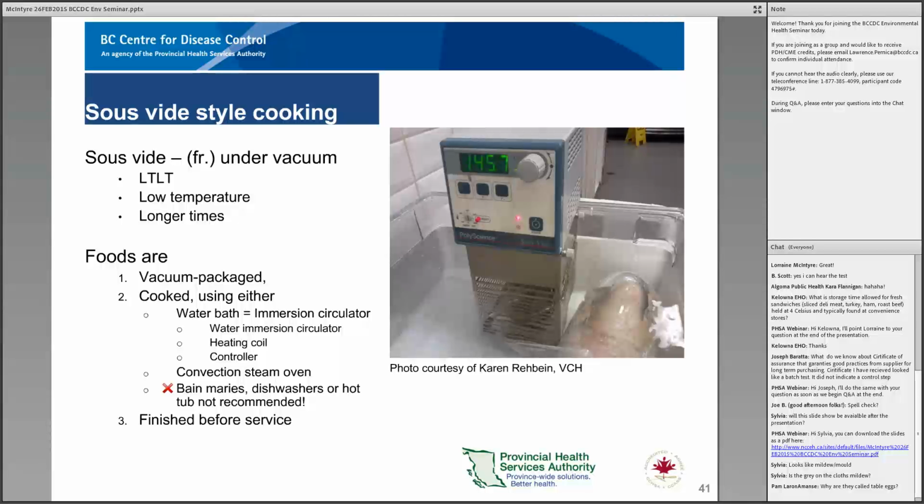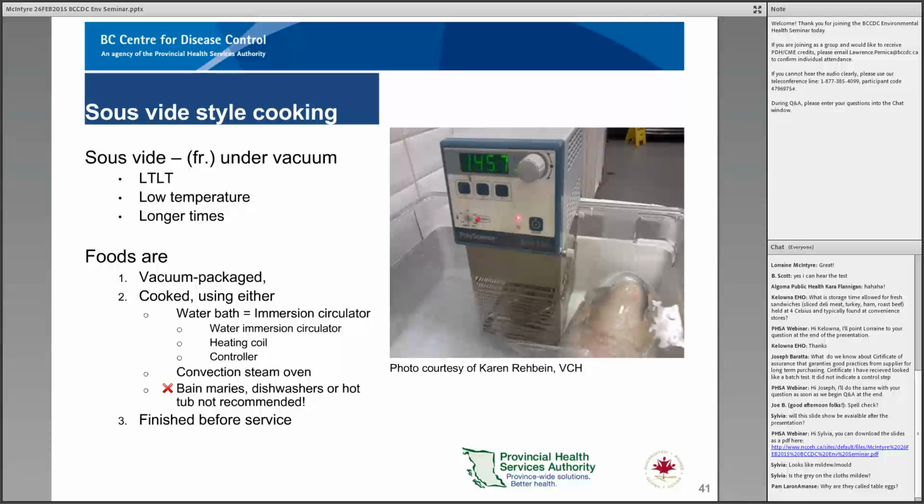The foods that are in the vacuum packaging are immersed in a water bath, which is called an immersion circulator, and they're cooked usually for longer periods of time. And the reason why it's preferred to have this cooking technique, there's several reasons, but one of them is that the foods won't overcook like they might do in a conventional oven.